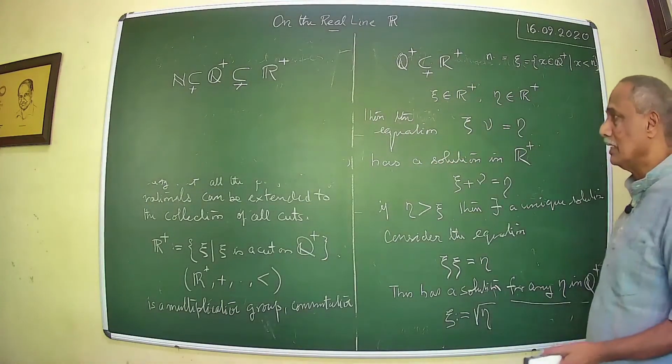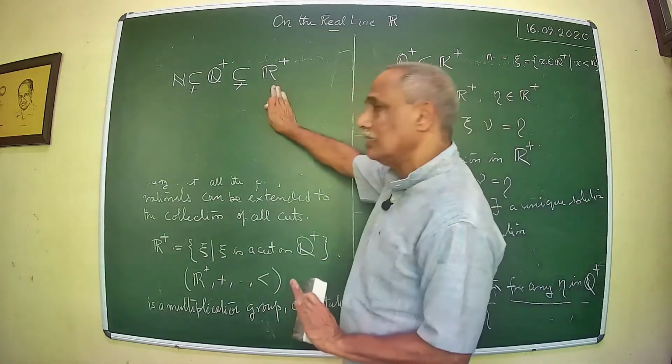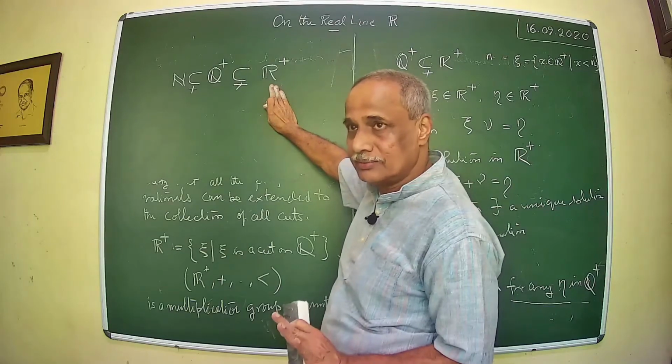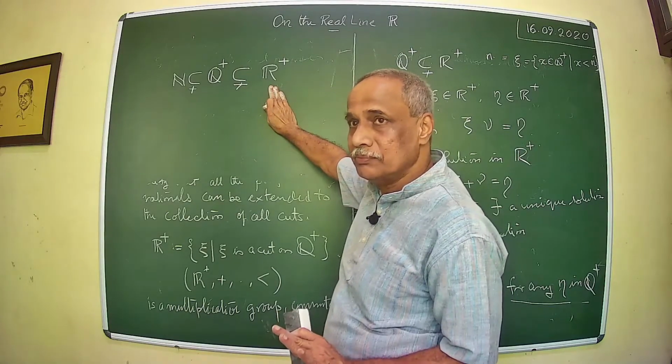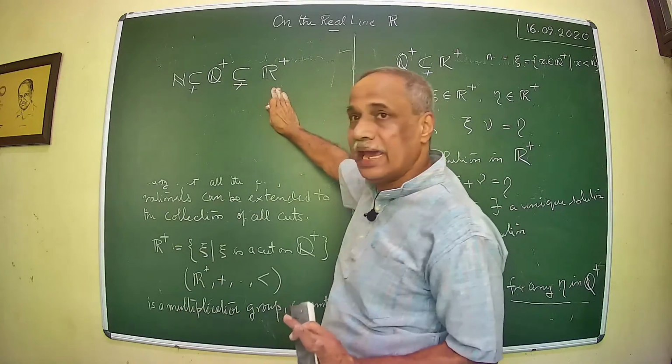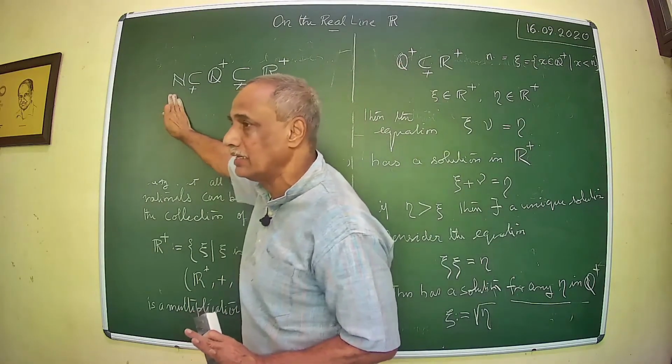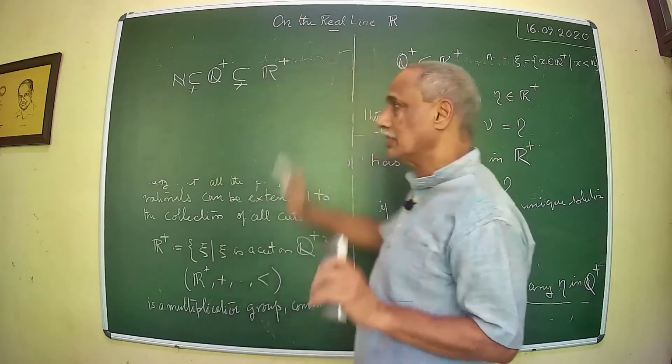And you see that the addition, multiplication and order is exactly an extension of the corresponding properties that you had for n and Q plus.